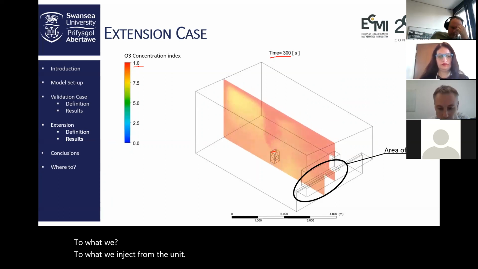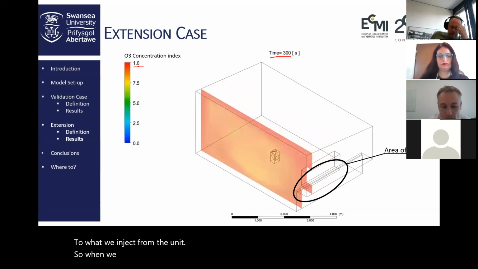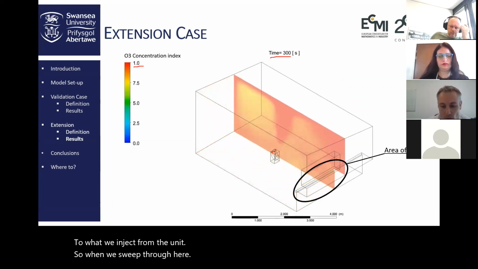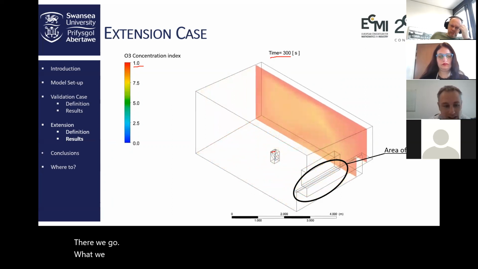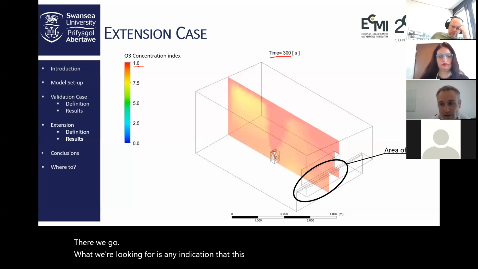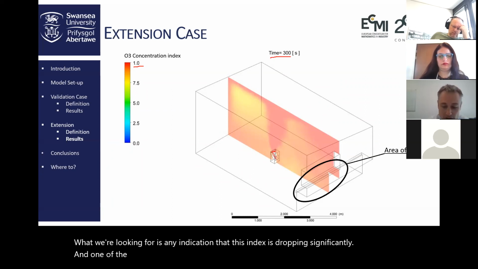So when we sweep through here, there we go. What we're looking for is any indication that this index is dropping significantly. And one of the really good outcomes that we could see here was that, well, it doesn't.